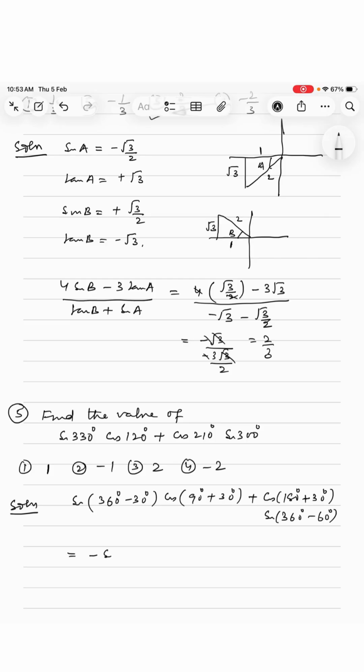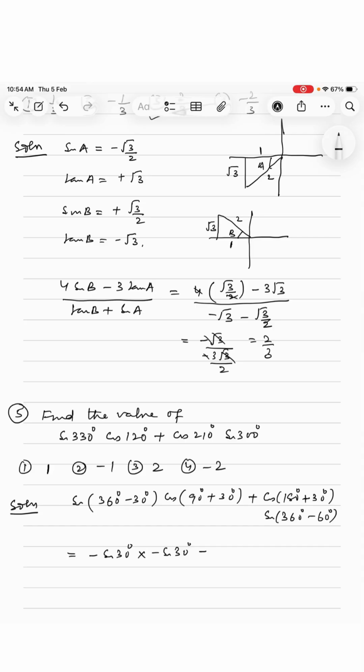Sine 330 is minus sine 30. Trigonometric ratios of allied angle. Please go through the table. Cos 120 is again minus sine 30.